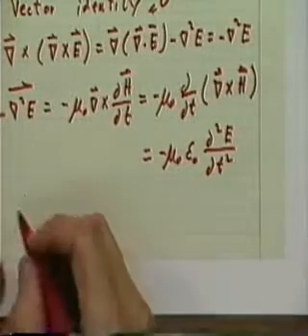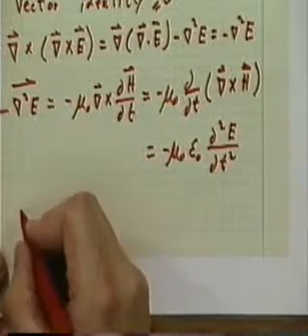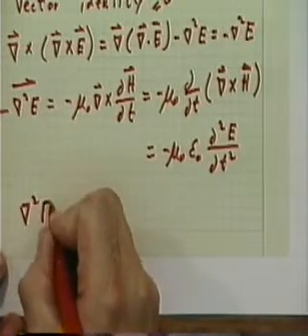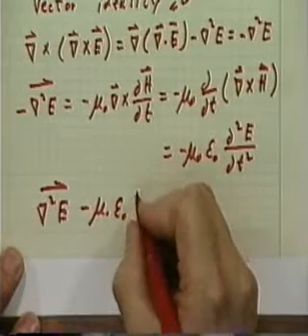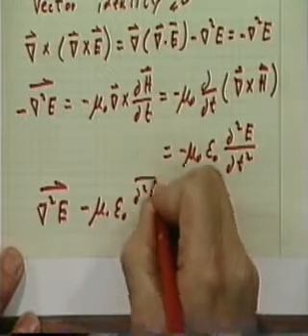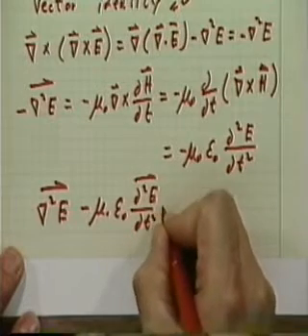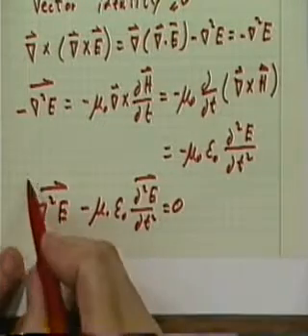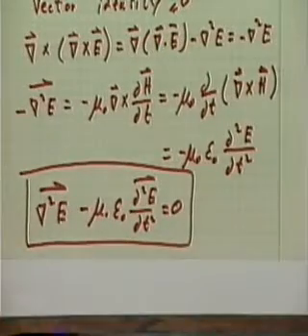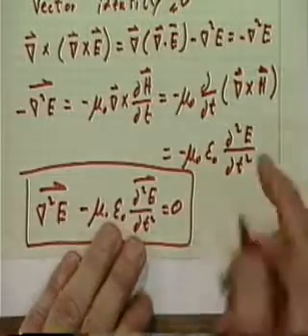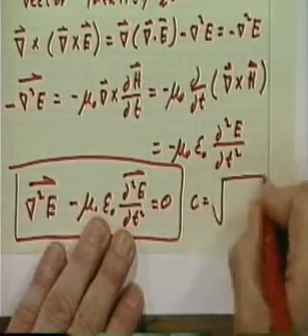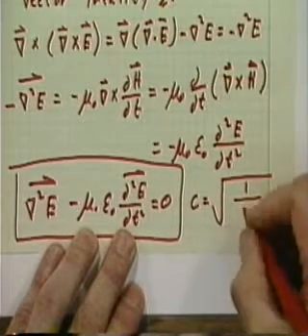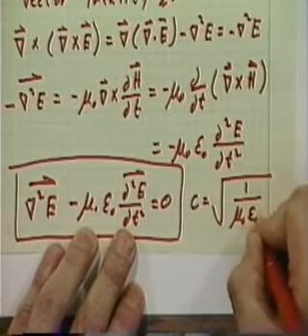And so what we have down here is that del squared E minus mu naught epsilon naught second derivative of E with respect to t is equal to 0. Draw a box around that. And then we will define c, the velocity of light, as the square root of 1 divided by mu naught epsilon naught.